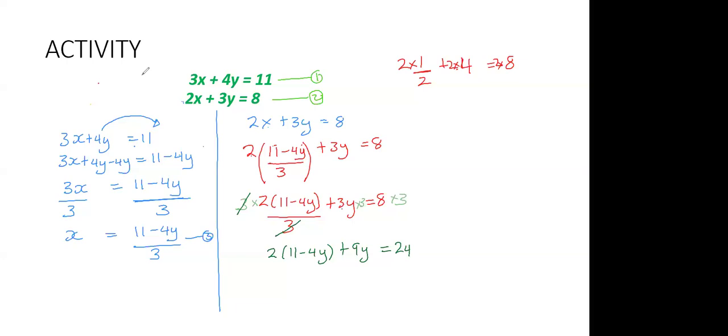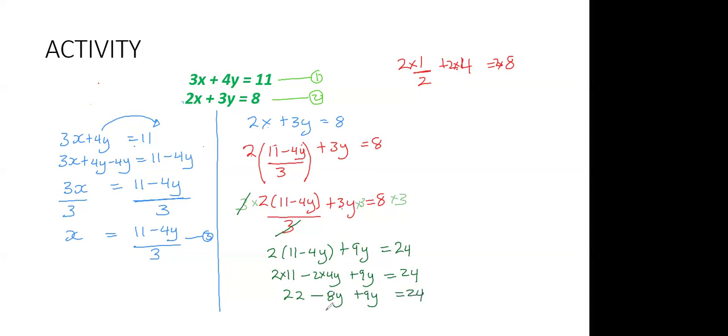Okay, let me first finish, then we go through that approach. Now here we are going to multiply. So you'll have 2 times 11 minus 2 times 4y plus 9y is equal to 24. So 2 times 11 will give us 22 minus 2 times 4, which is 8y plus 9y is equal to 24.